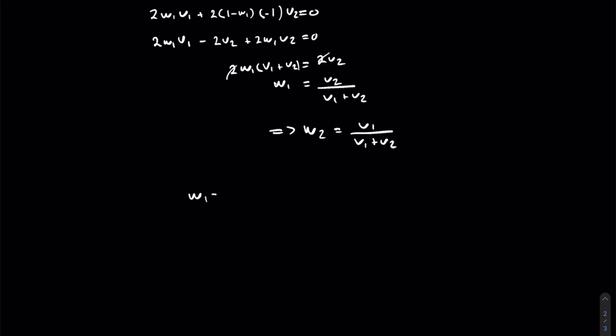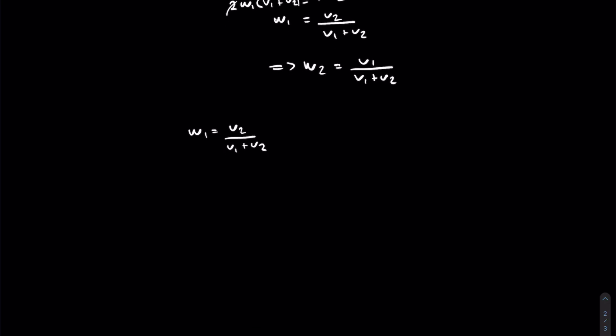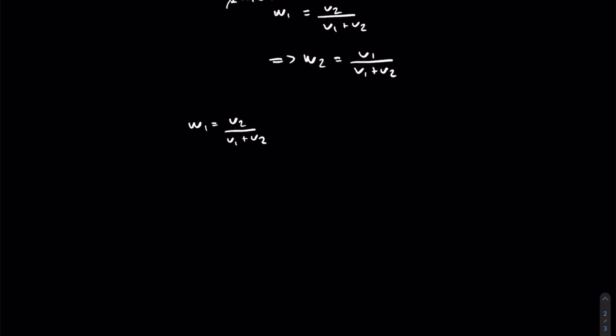So W1 equals the variance of 2 over variance of 1 plus variance of 2, and this is the same thing as if we would multiply by the variance of 1, but we have to divide by the variance of 1.